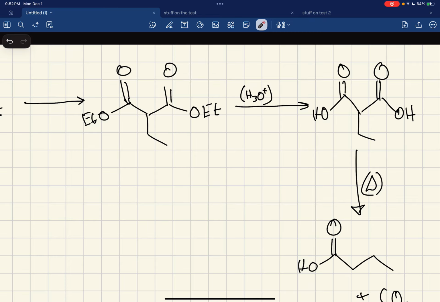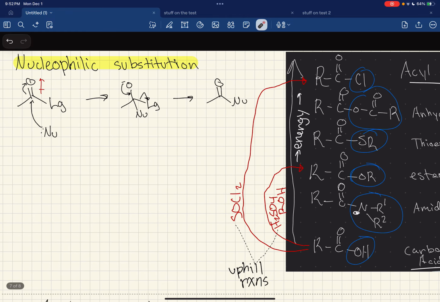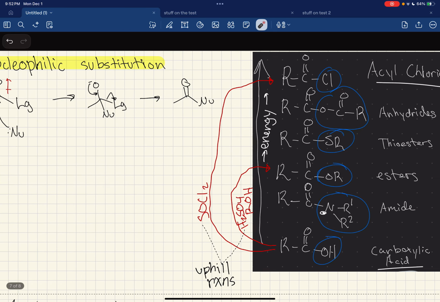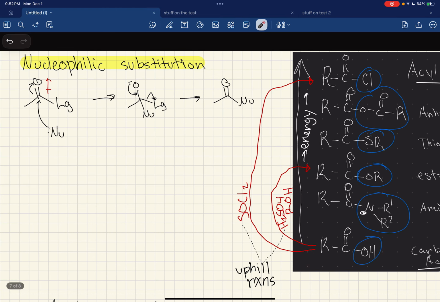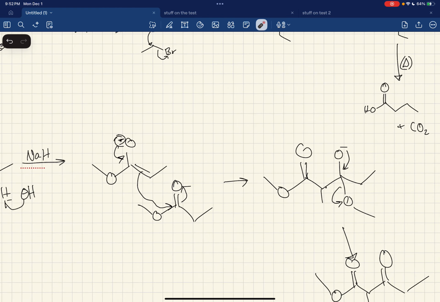Understanding the fact, going back to this, understanding this and this mechanism, I'm sure you could figure out how you go from here to there. It's basically this. Oh, here we are.